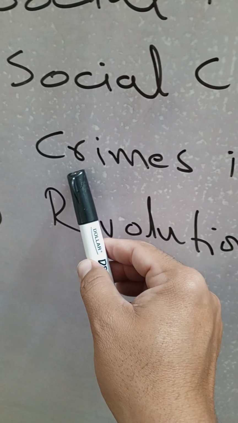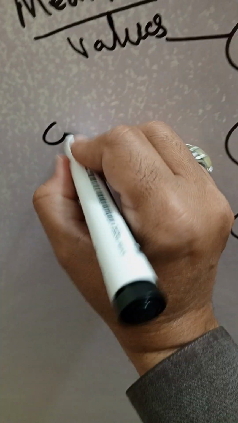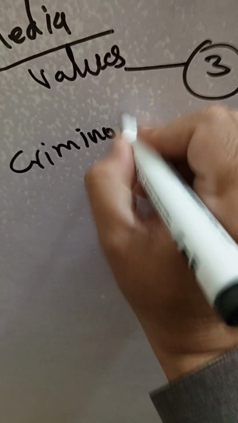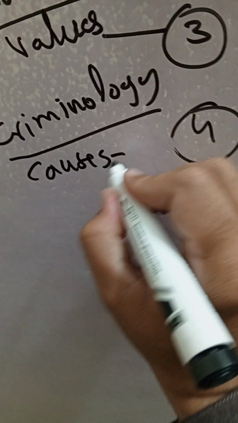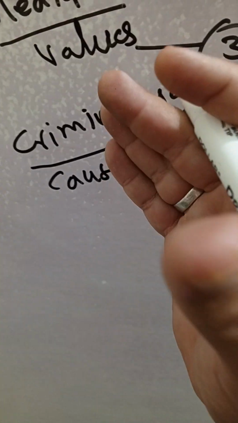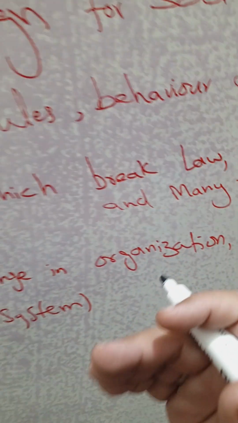So basically sociology is a study which focuses on crimes, and it also has a separate branch, that is criminology, which is the study about crimes, about their causes, about why people break laws and why people break social values.